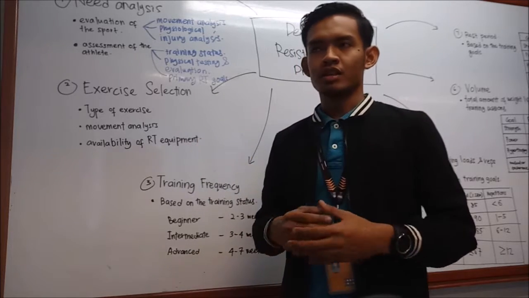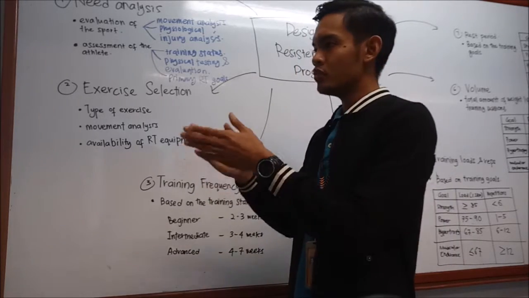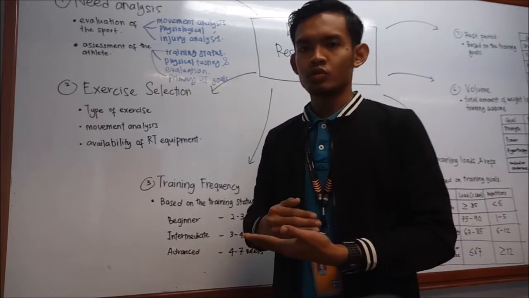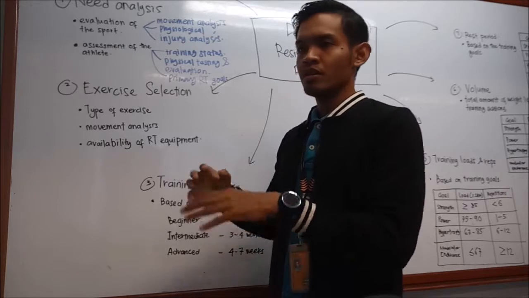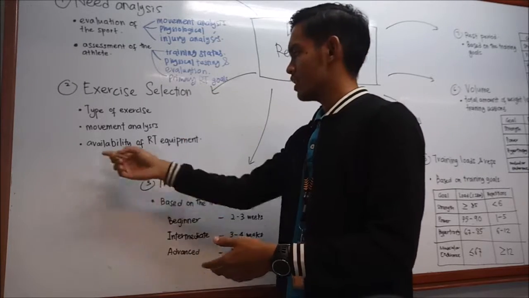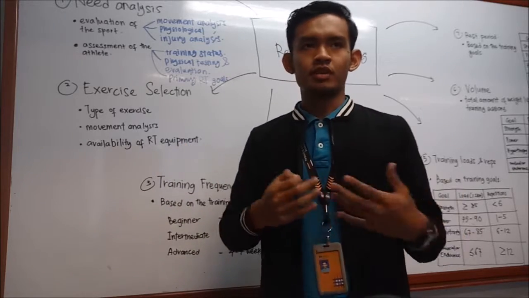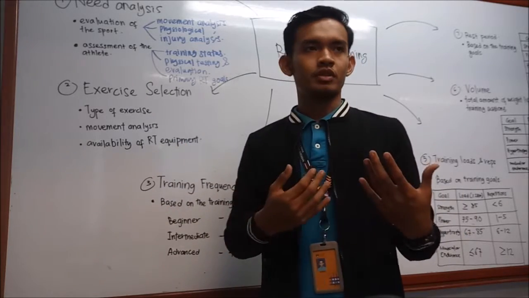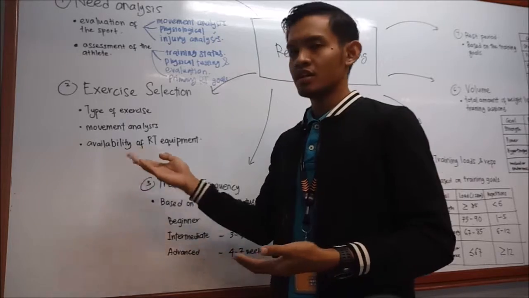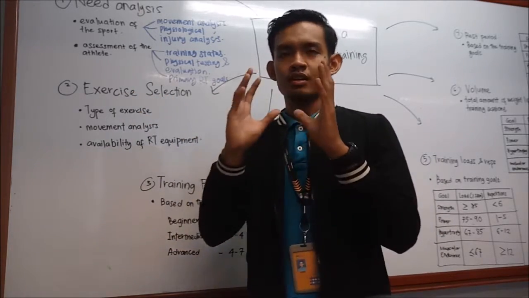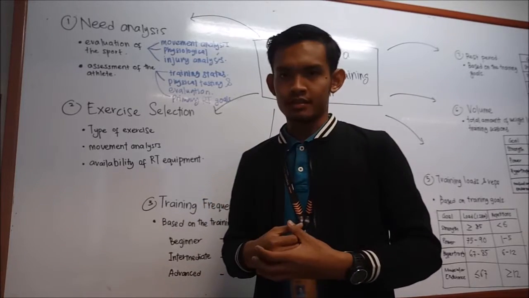For example, I take a footballer using the lower body more than the upper body. So we need to do exercises that are more for the lower part. And availability of assistant training equipment. Let's say if we have a gym or weight training, we can use that to select the exercises that are suitable for the athlete.